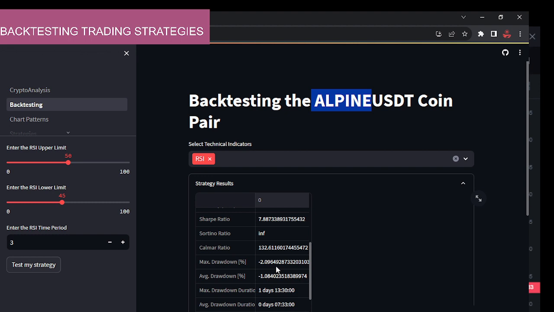The other thing is the average drawdown, which, as the name says, is the maximum drawdown divided by the number of trades that you're working with.